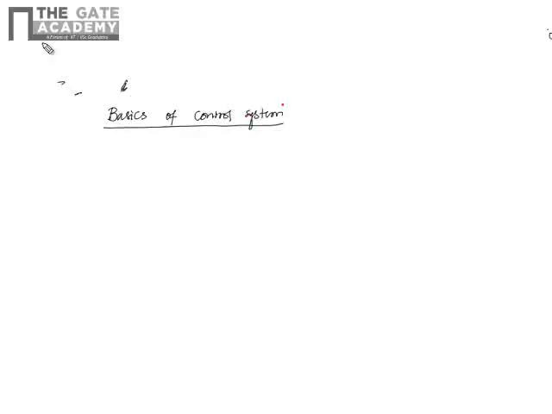What is the definition of system? When a number of elements or components are connected in a sequence to perform a specific function, the group formed is called a system. Okay, I'll just write it in 2 lines.